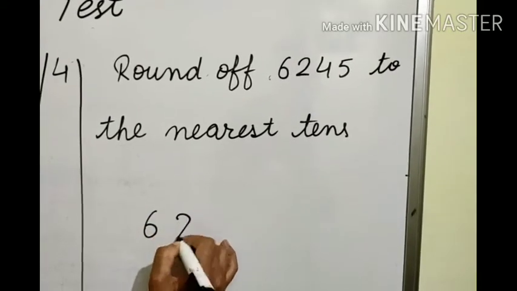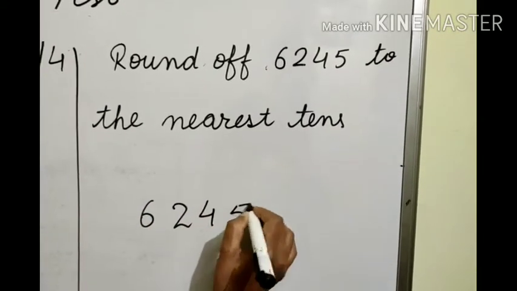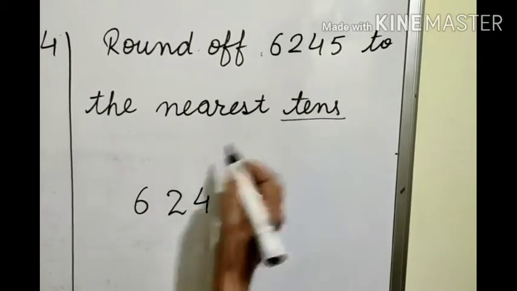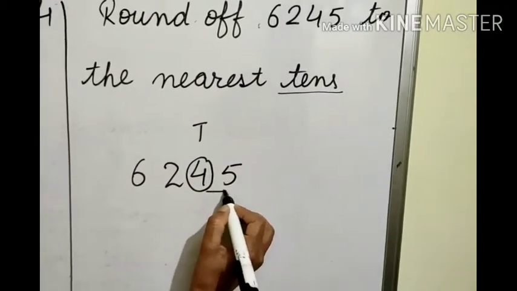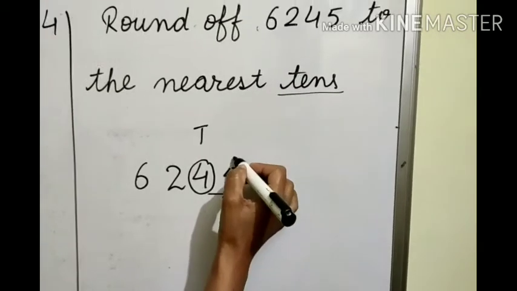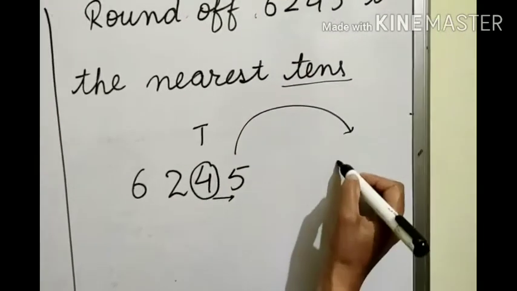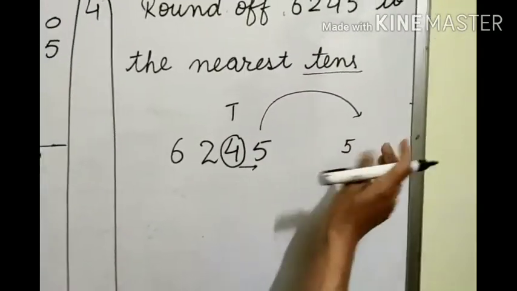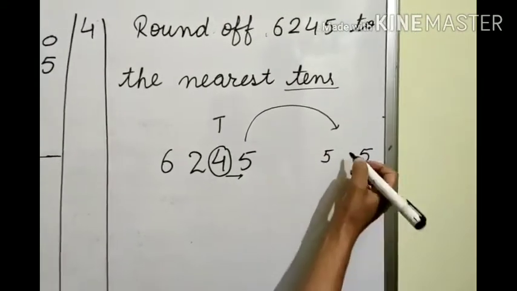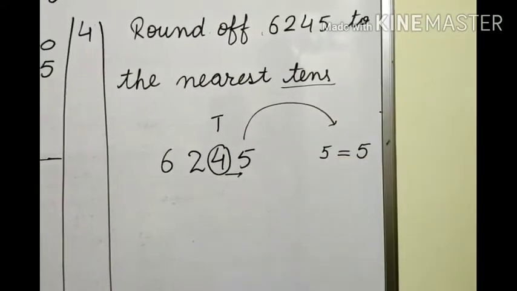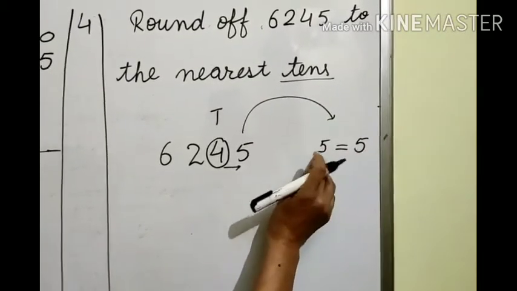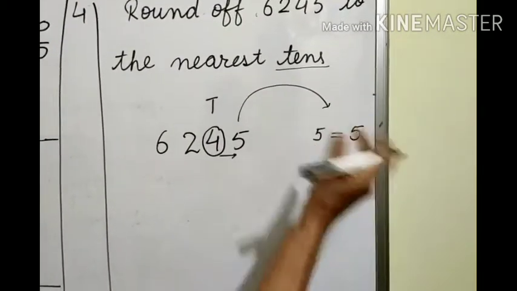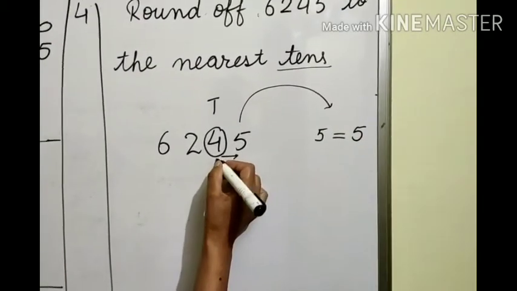Write the number first. We have to find the nearest 10, so we will circle the tens place digit. Put an arrow to the right; the digit in the ones place on the right is 5. Write it aside and compare with 5. 5 and 5 are both equal. For the rule, if the digit is 5 or more than 5, then what do we do?